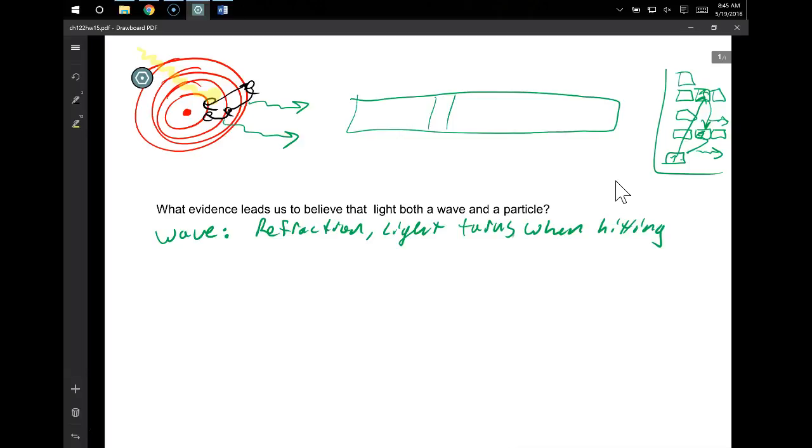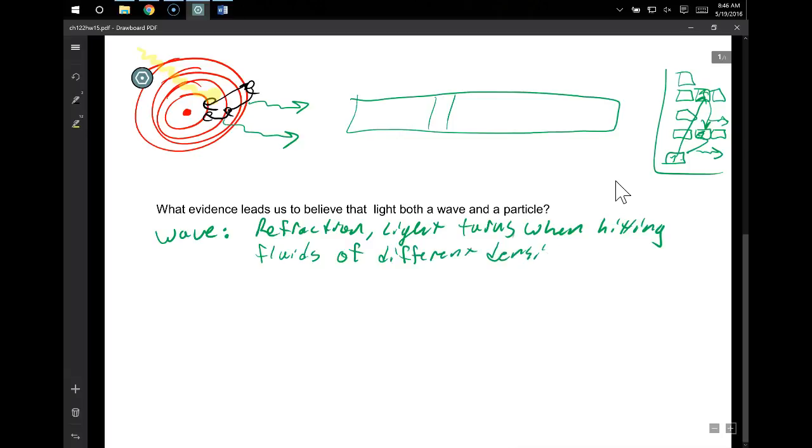When hitting substances of different densities. Actually, I'm getting rid of this fluids thing too. I don't like that either. Just write substances. Okay, so refraction. What else we got for it acting like a wave?